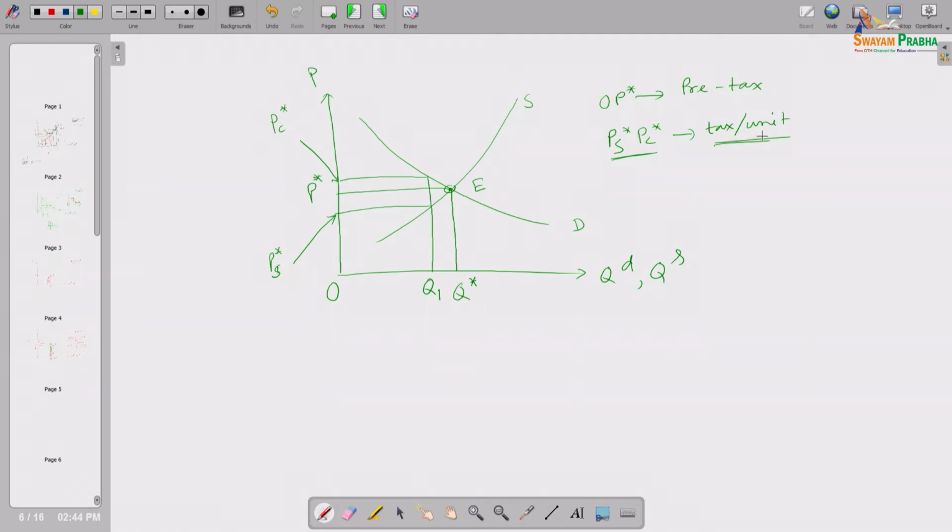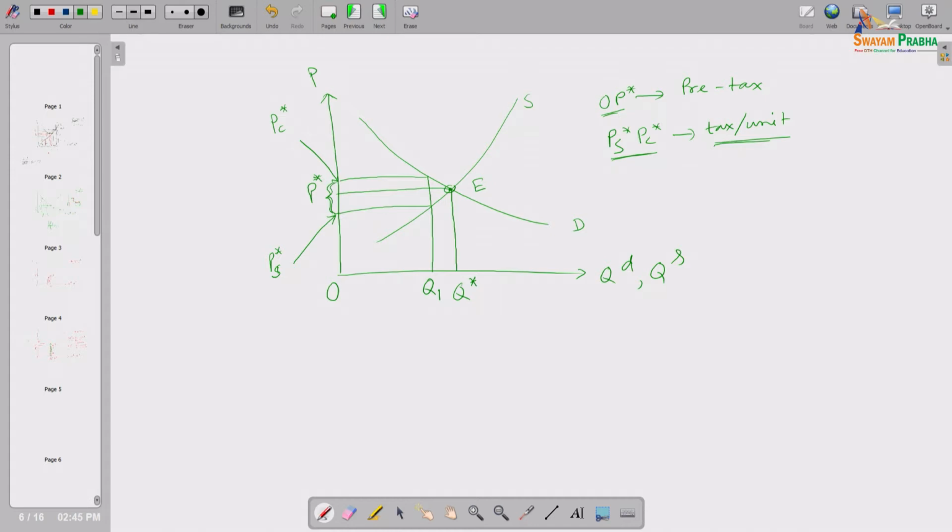If this tax is rupees 3 per unit, this distance is basically rupees 3. Look, in the vertical axis we are measuring price in monetary terms, that much rupees per unit. So, this distance is that 3 rupees or tax amount. One thing is clear: whatever price customers were paying pre-tax, after the tax customers are not paying exactly the tax amount more.